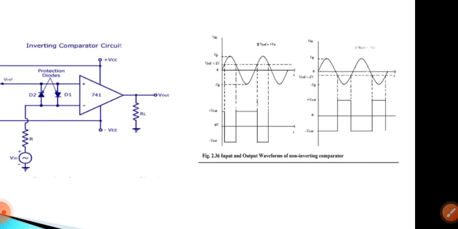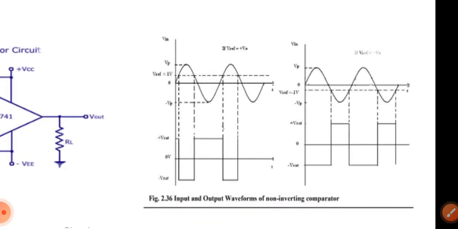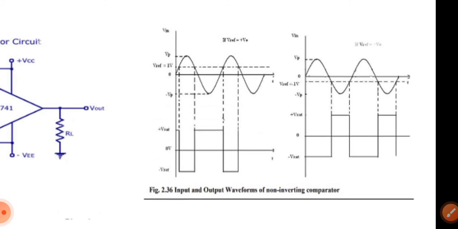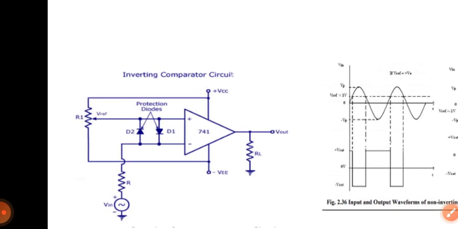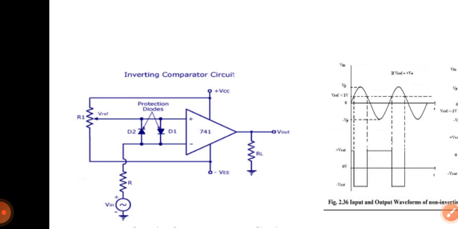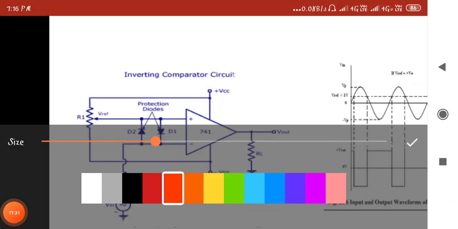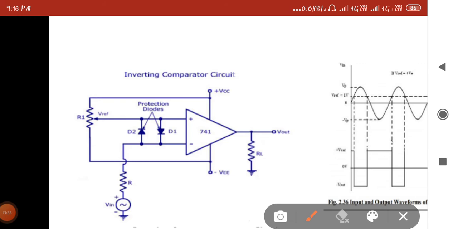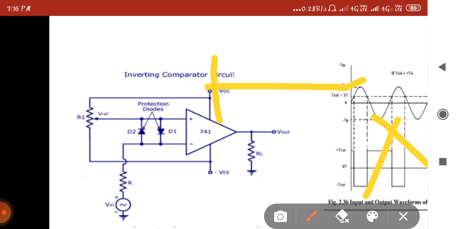Next, the graph, we have to see the input and output waveform. That one is for the non-inverting comparator. For the inverting comparator it is here. This graph is wrong. For the inverting comparator, this is the graph.